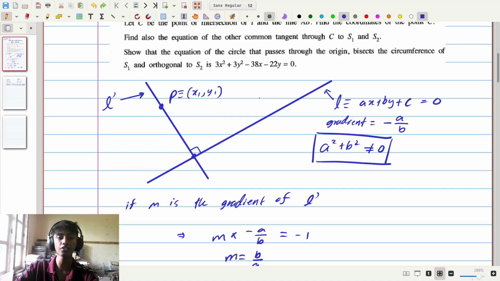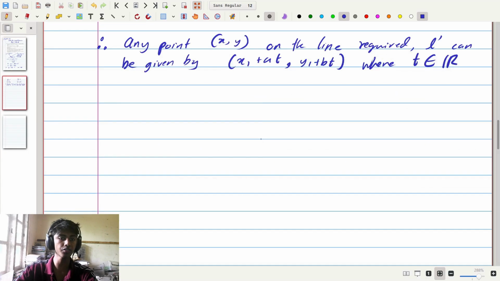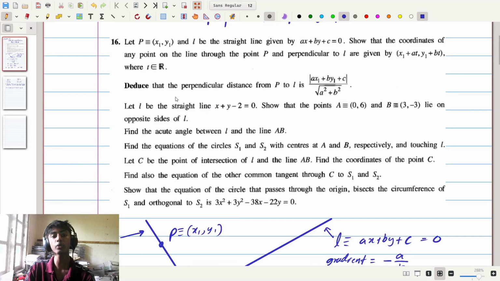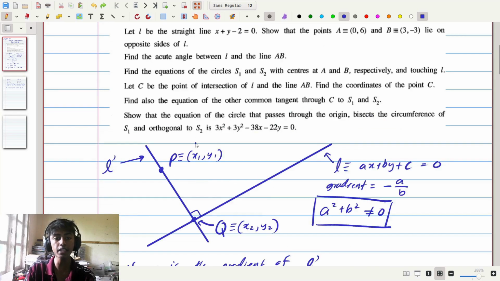Now to find this distance, I'm going to label this point right here as the point Q, and I'm going to label it as being x2, y2. Given this, we go down and say first, let the intersection point of the lines L and L dash be Q. Given that, the perpendicular distance from the point P to the line L is going to be directly equal to PQ.